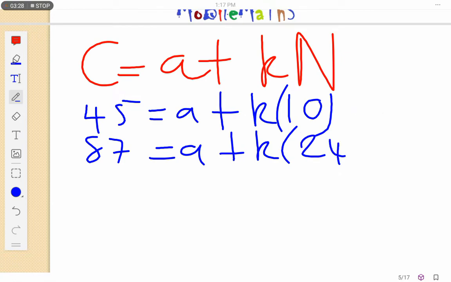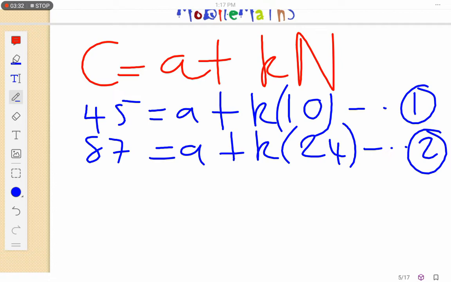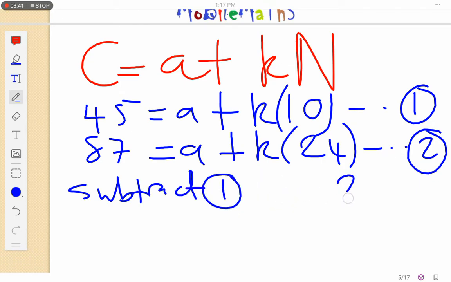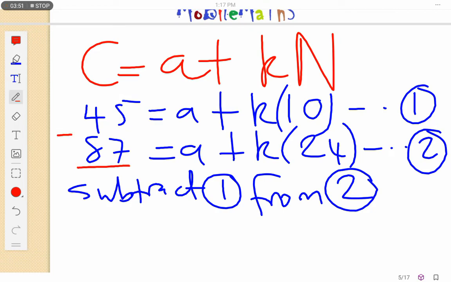So this is equation number 1 and equation number 2 here. So what I can do is I can subtract equation 1 from 2, or vice versa, I can say 2 minus 1. It means I'm simply subtracting these two.